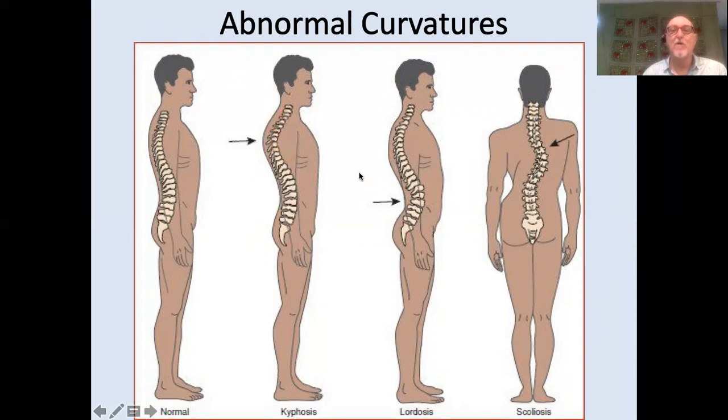So that's kypholordosis, and this is in one plane, right? But in actual fact, the spine can also be distorted in 3 dimensions. And have a look here, that we refer to as scoliosis. So we've got kyphosis, lordosis, and scoliosis.